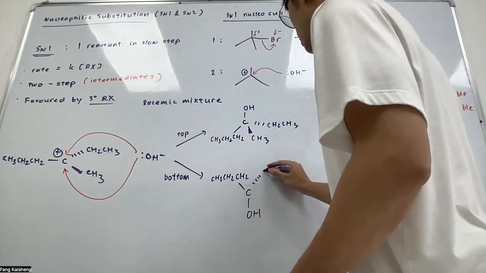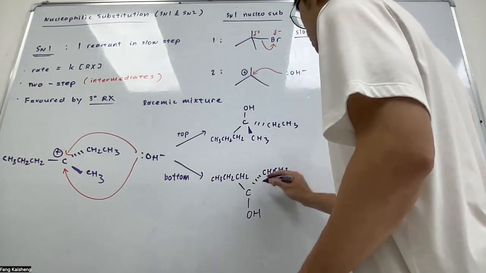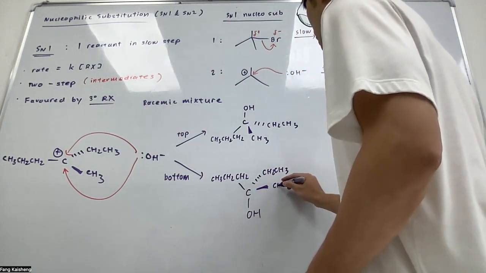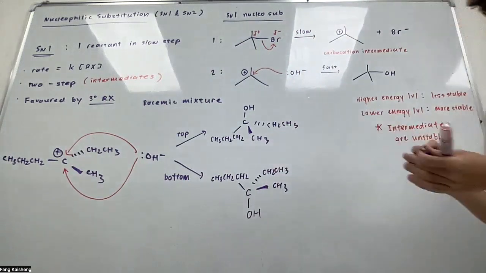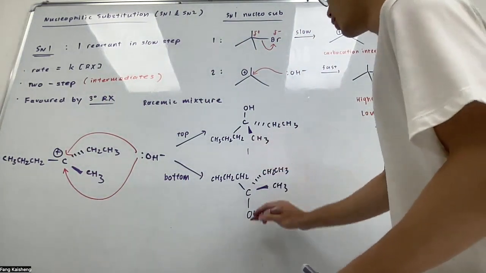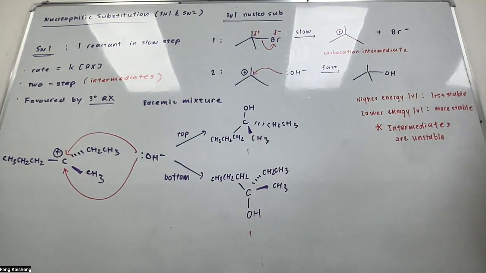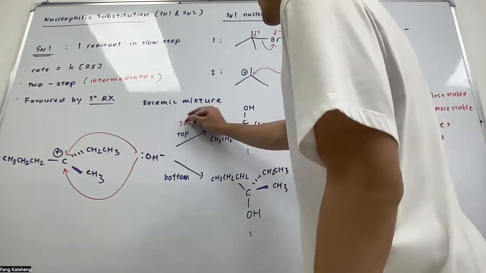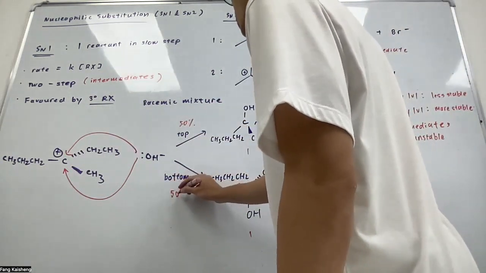I have two enantiomers now, and they are in a 1-to-1 proportion. Because you attack from the top, 50% chance, attack from the bottom, another equal chance.